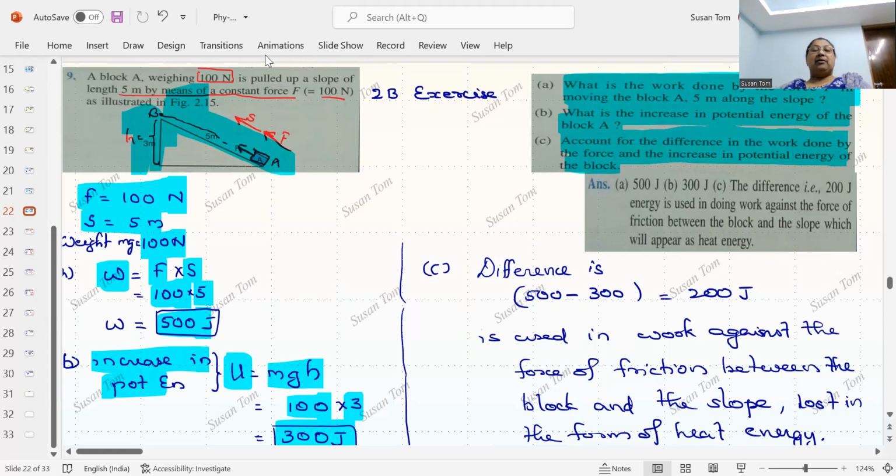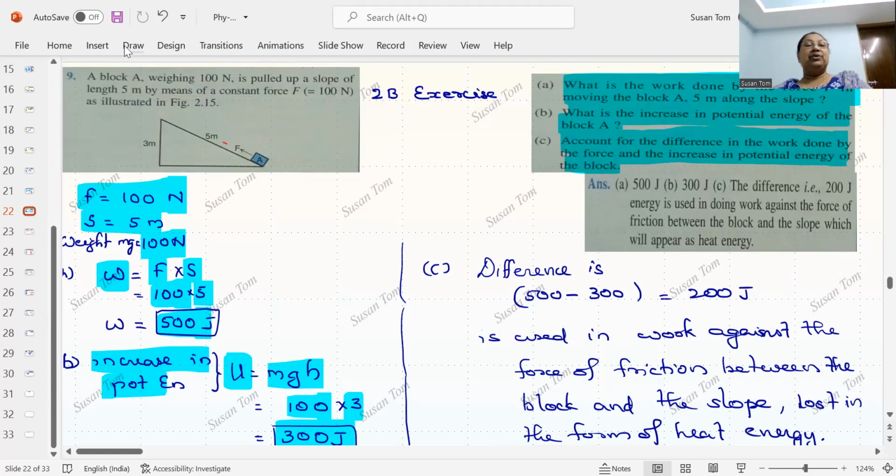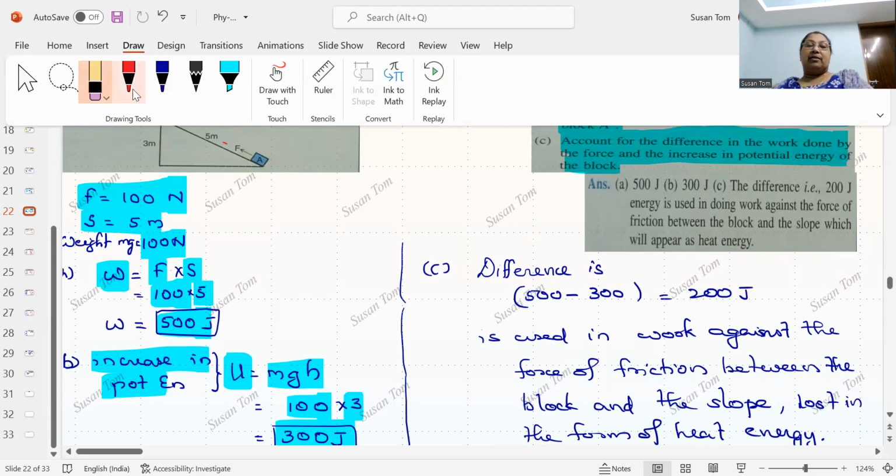The block is moving while touching the slope, so the physically contacted parts will exert some friction. The difference in the amount of energy is due to the energy spent in overcoming the friction.